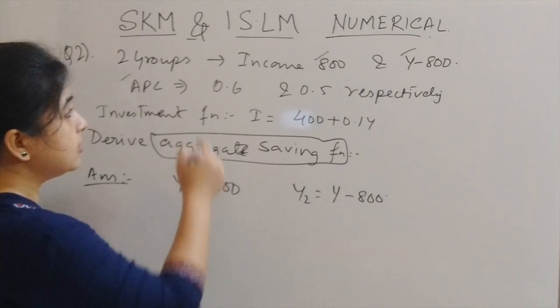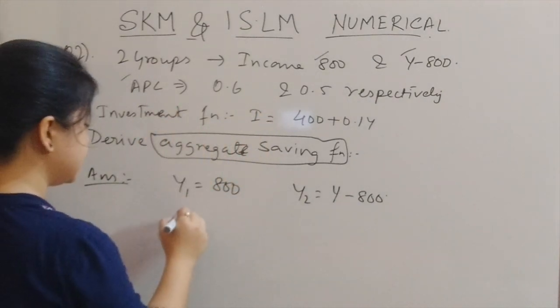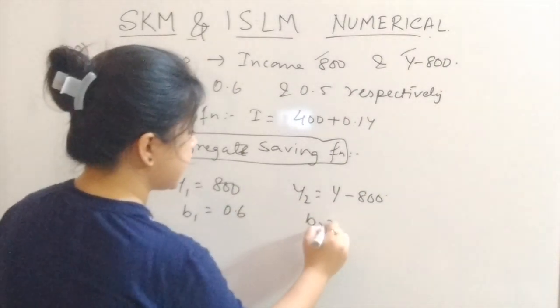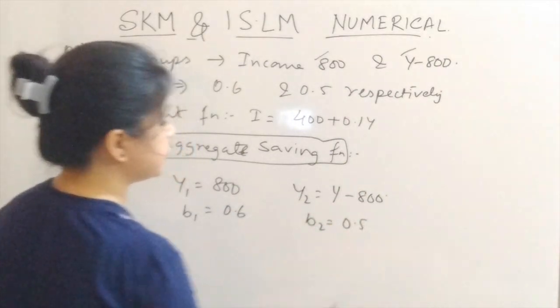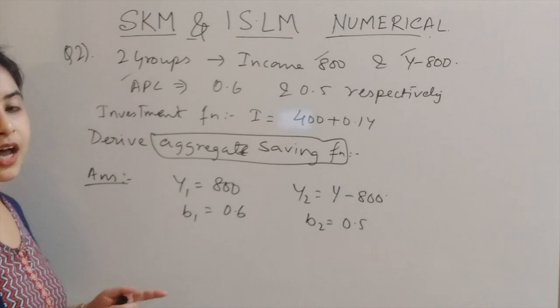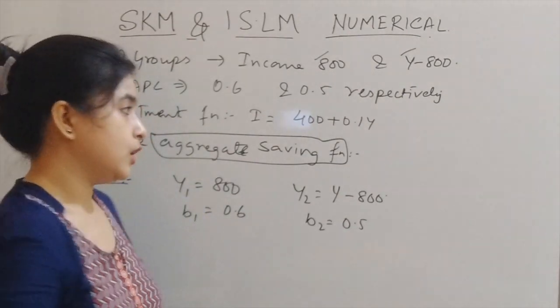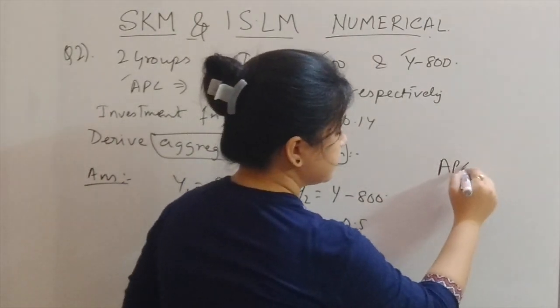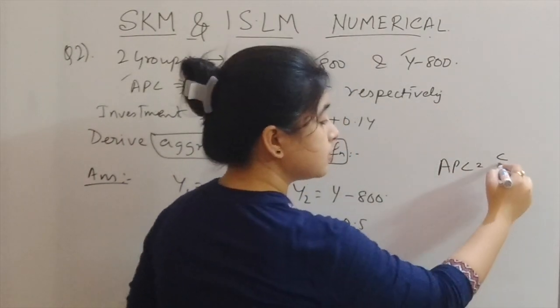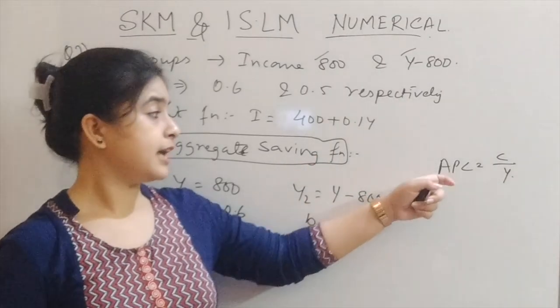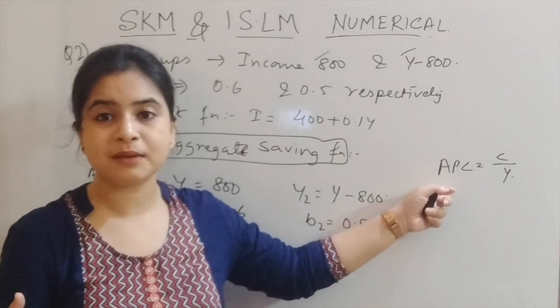And we have the average propensity to consume, let's say B1 as 0.6 and B2 as 0.5. Now, we need to find the consumption function. Now, what is the value of APC? APC is total consumption divided by income. This is how we have obtained the APC.